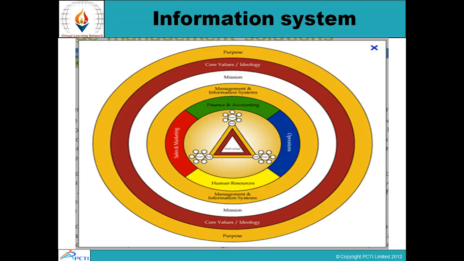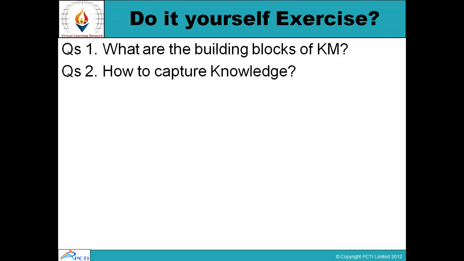See, all these parameters collectively form the entire information system of that organization. So when you are going to develop any kind of information system, you must focus on these important parameters which revolve around the information system, that is purpose, core values, mission, management information system, finance and accounting and human resources, right?